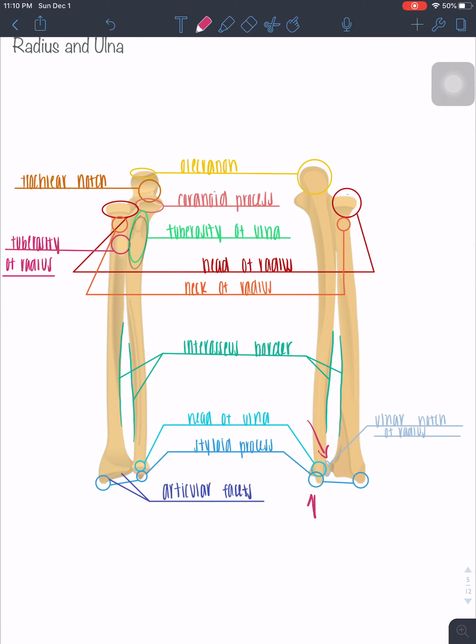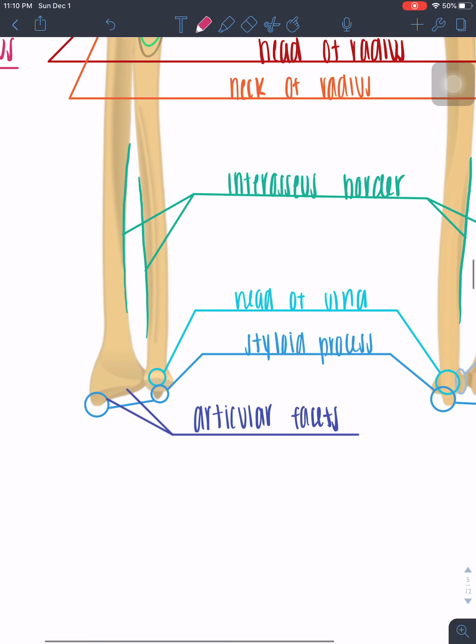There's both styloid process of the radius and styloid process of the ulna. So we always gotta be aware of those. And then of course there's the articular facets right here.